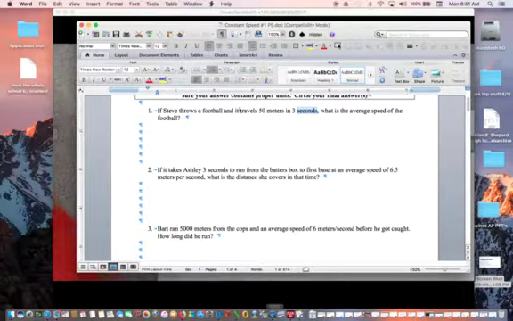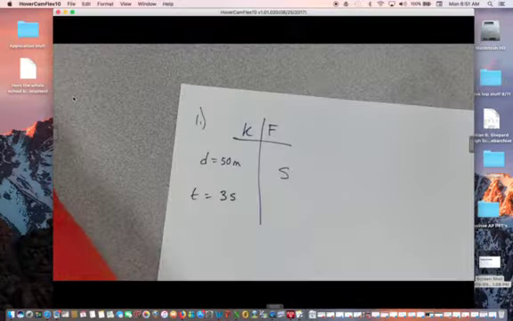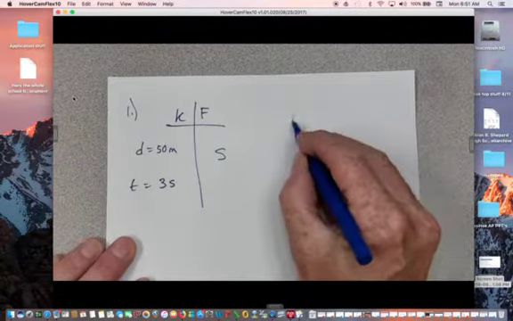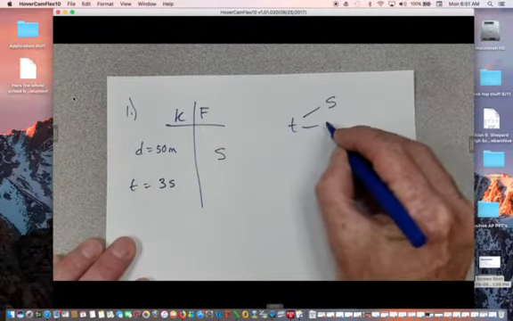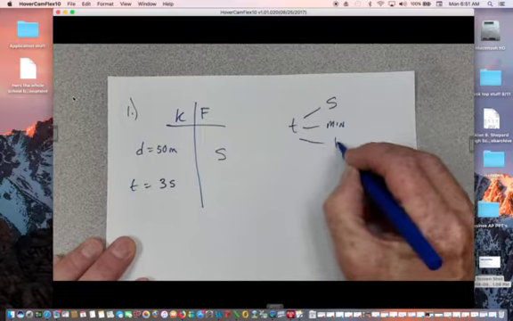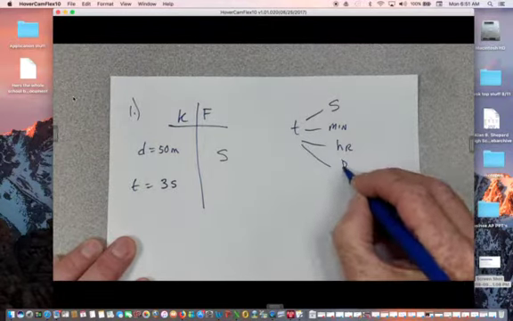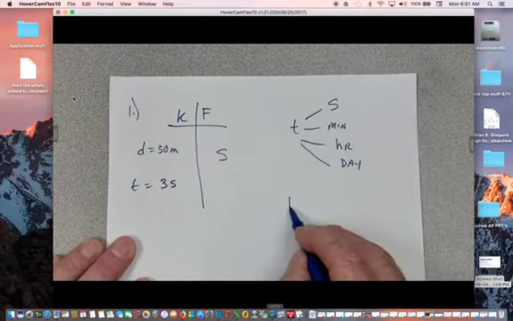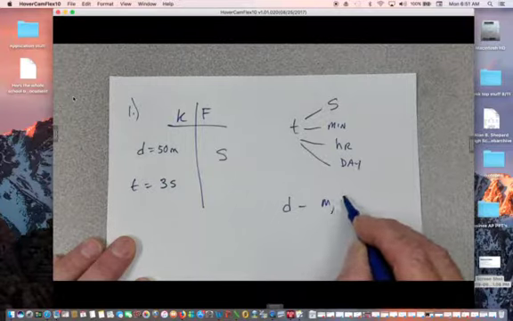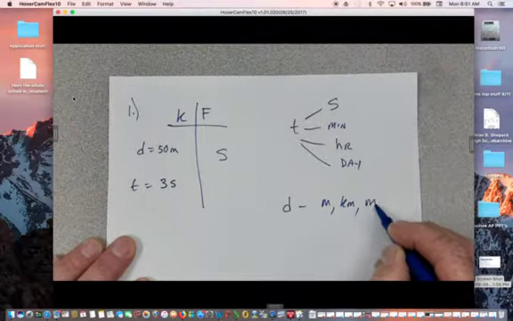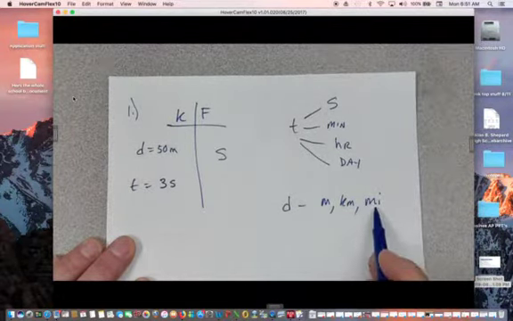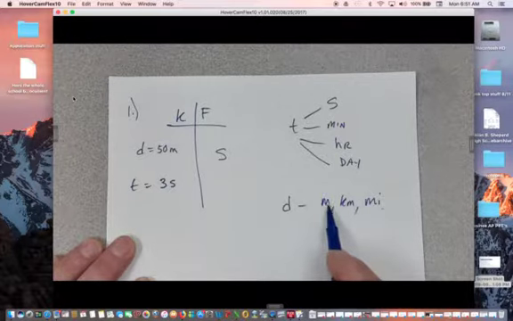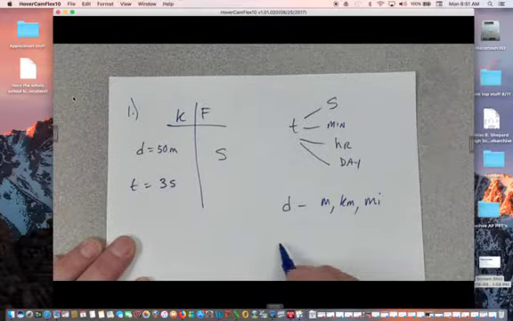Very few students ever have trouble with time units. But the units of time can be seconds, minutes, hours, and sometimes possibly days. Units of distance are meters, kilometers, and miles in this class. Notice I wrote MI. That is not miles. Kids are still messing that up.